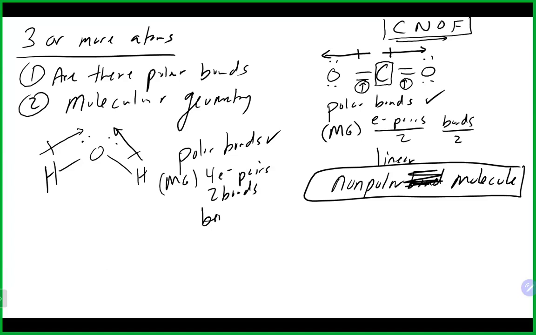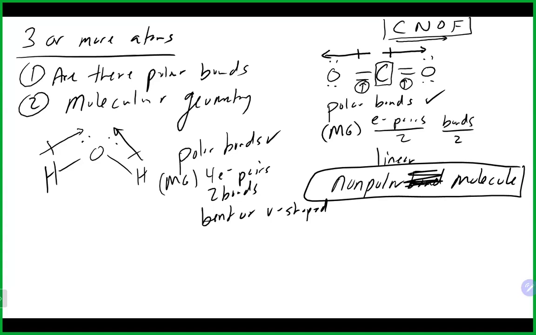That is bent or V-shaped. So what you have going on is a molecule that's kind of like this, with some polarity going this way, polarity going this way, kind of meeting at the top. If this thing was on a string meeting at the top and you just pulled the string straight up, the whole thing's going to come up. You're going to get some movement.